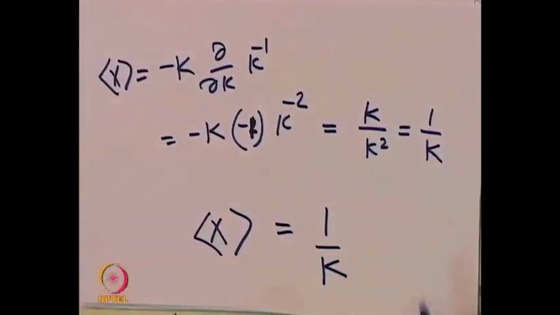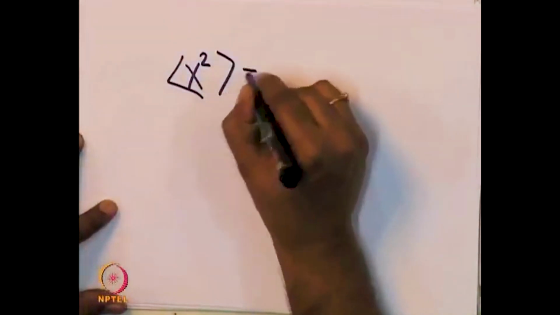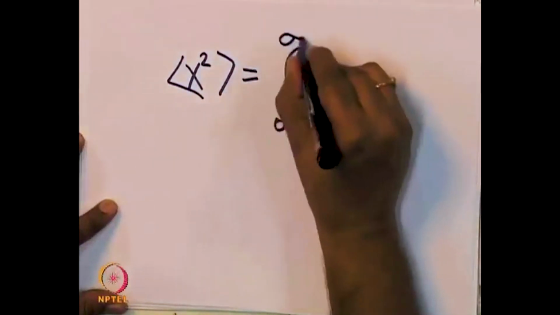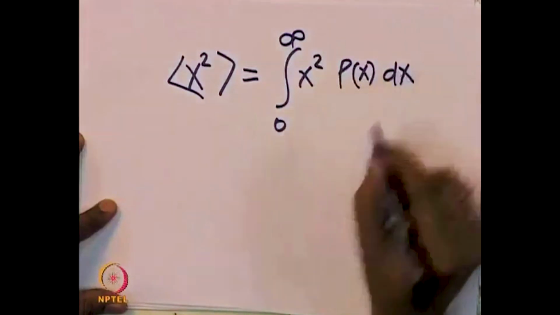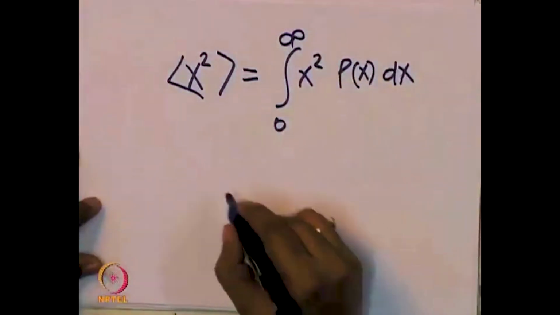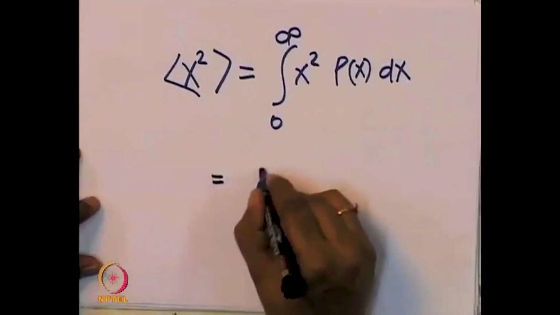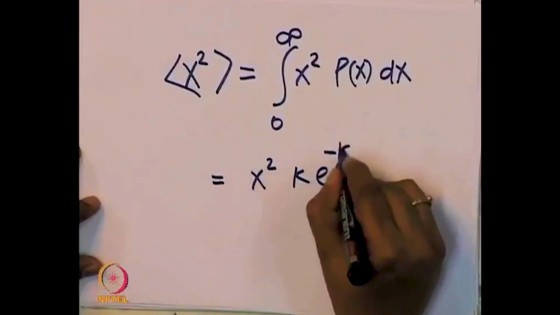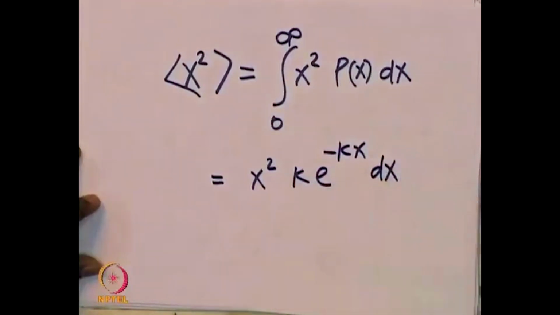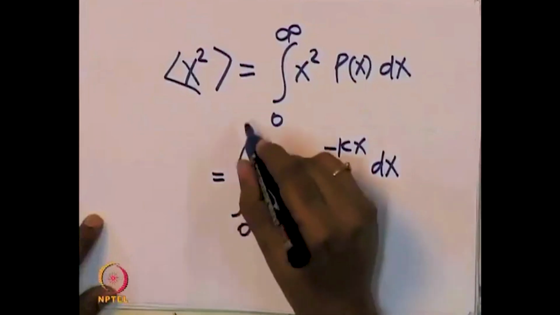Now, what is x square average? As we typically define, x square average is defined as the integral from 0 to infinity of x square p of x dx. So, here it is x square k e power minus k x dx, integral 0 to infinity.